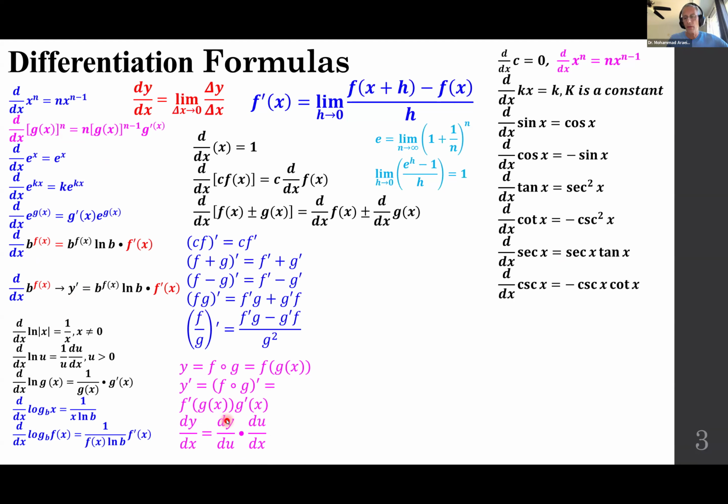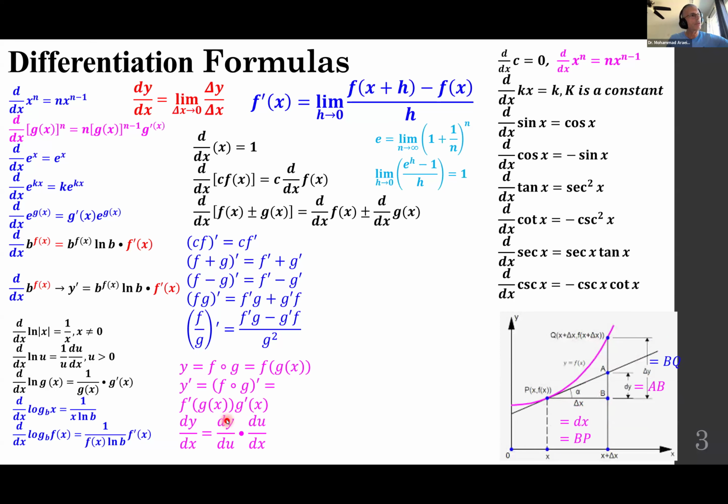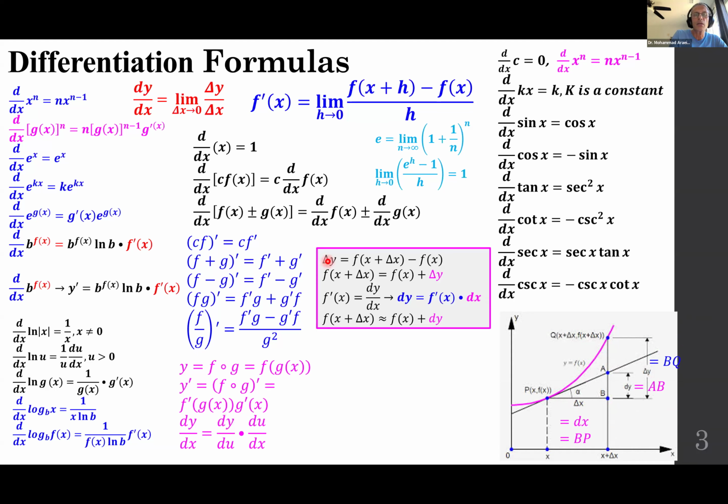So now I want to continue looking at what everybody knows as delta y versus dy. Delta y is the rise along the curve as you go from one point to the next, you connect them.